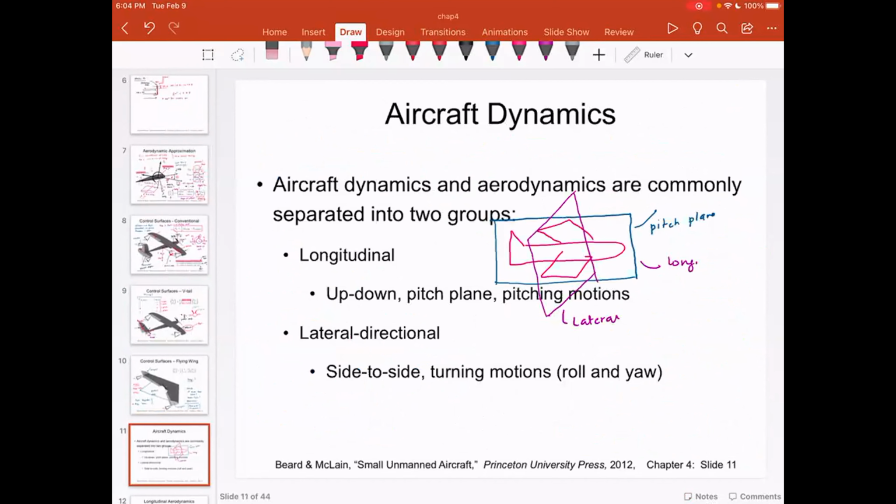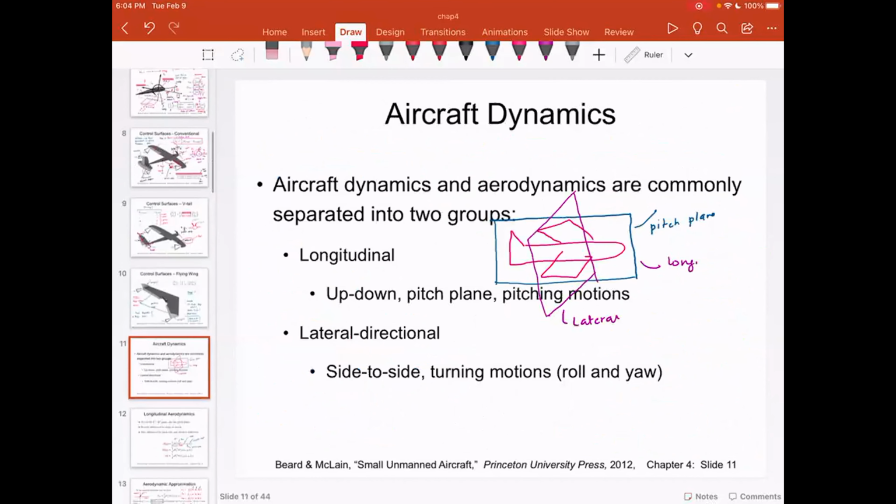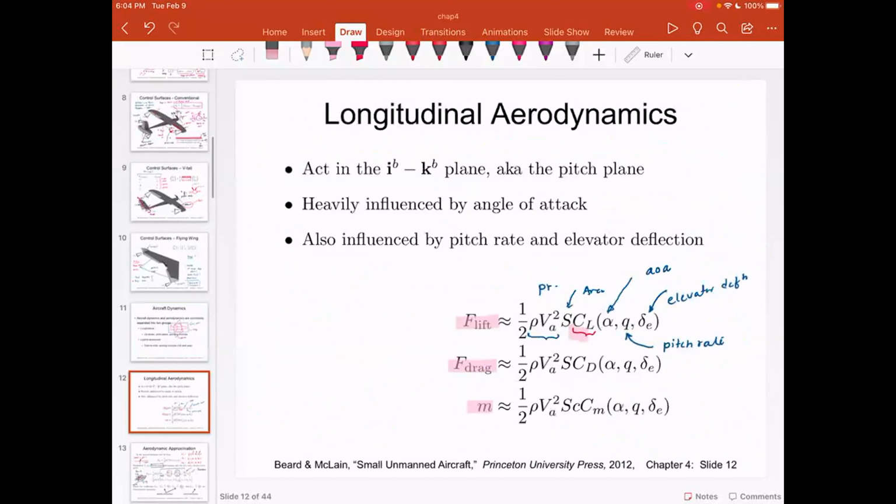Now, we are going to talk in today's lesson in detail about the dynamics in longitudinal and lateral plane. Now, when we talk about the longitudinal dynamics, we are looking at lift forces, drag forces, and moment. And one thing I want you to understand, that you have rho VA square, which is the dynamic pressure.